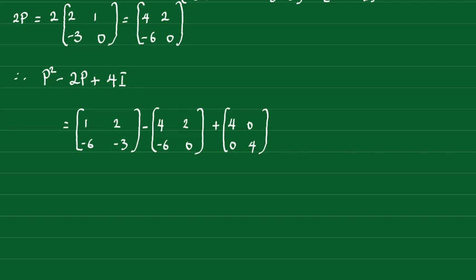Now all these will be equal to (1 minus 4 plus 4; 2 minus 2 plus 0.